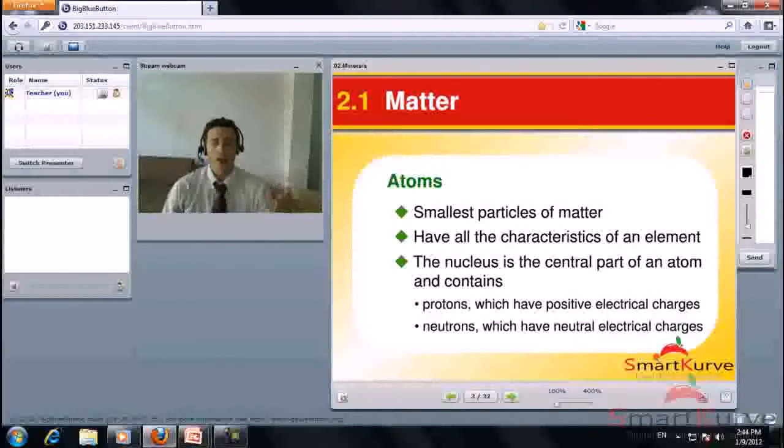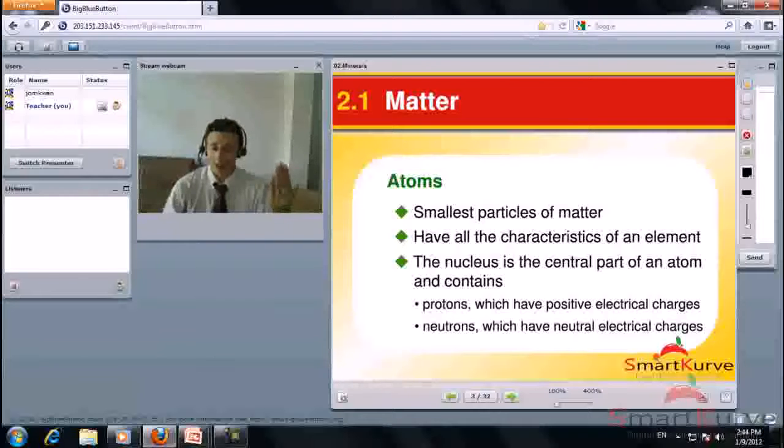A positive charge and a negative charge will be attracted, just as the north pole and south pole of two magnets will be attracted. And two like charges are going to repel each other.